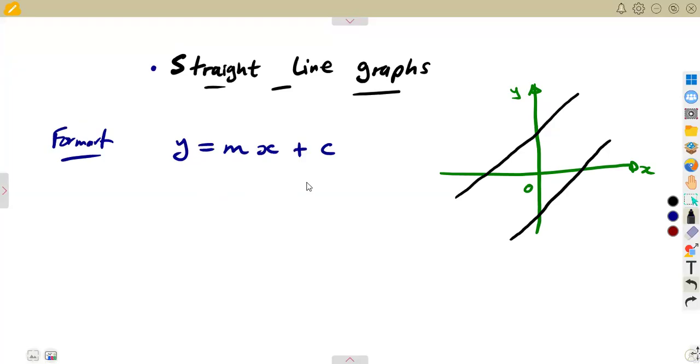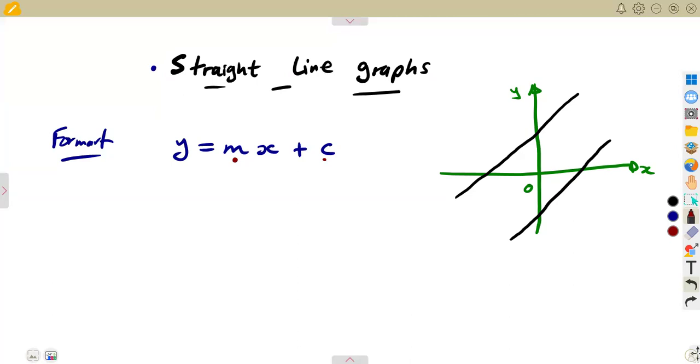When we are referring to this format here, I'm going to talk about much later on. M, the gradient, the y-intercept, those are the properties, but here is like the format.